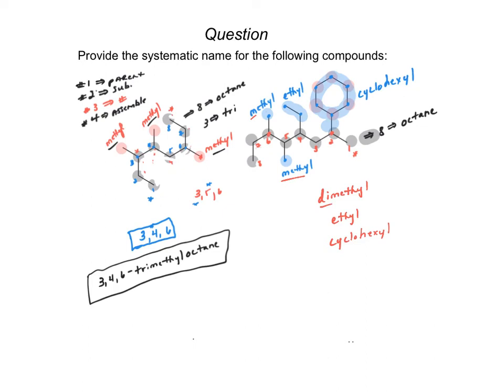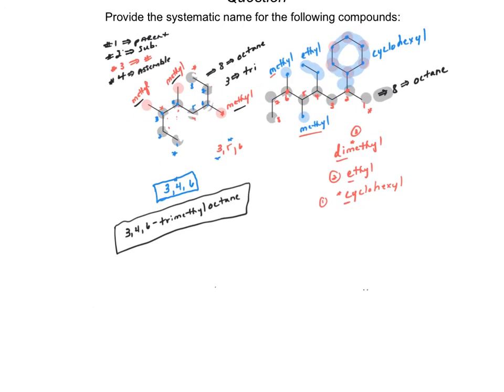But we do use the cyclo as a prefix to help alphabetize. So C comes before E or M. So this guy's going to come first. It's then going to be followed by the ethyl, because E comes before M, and then we're going to end it with our methyl, or dimethyl. And again, that's because we do not use the di, tri, etc. to alphabetize this. We're going to use the M to alphabetize it.